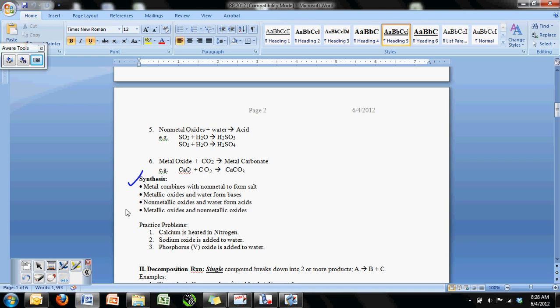On a similar note, metallic oxides are called basic anhydrides. An means no, hydra means water. So these are oxides that are without water, but if you add water to them, then they will form bases.